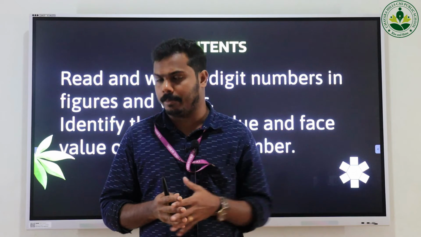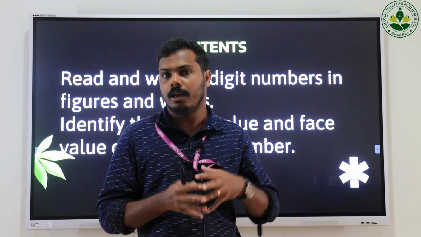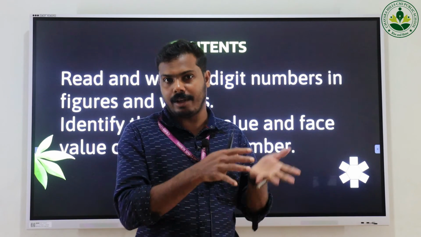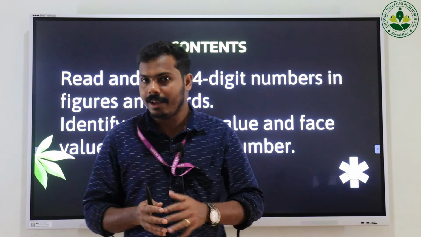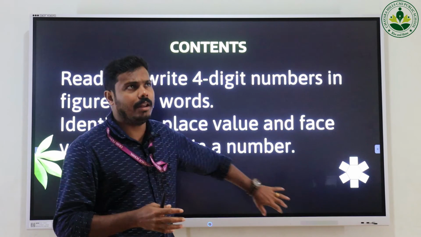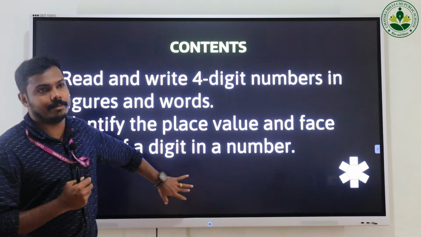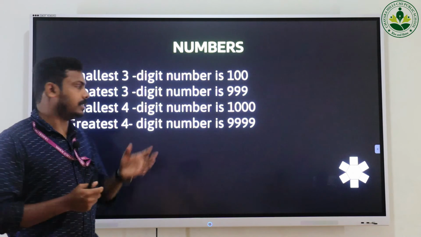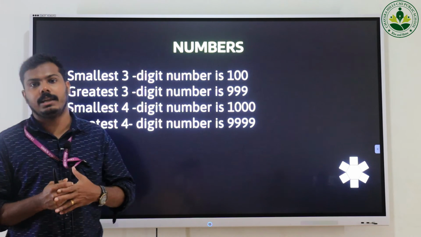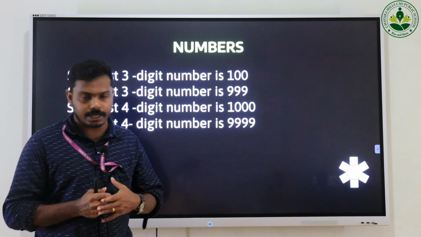For a 3-digit number, the place values are ones, tens and hundreds. Which is the smallest 3-digit number? The smallest 3-digit number is 100, and the greatest 3-digit number is 999.